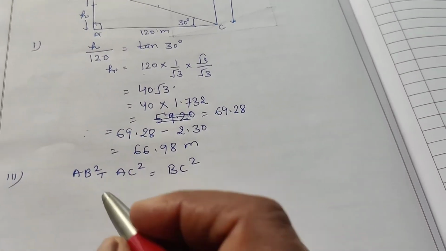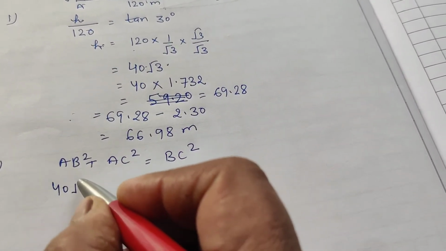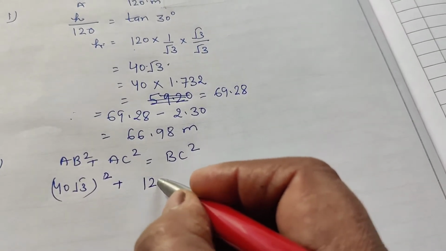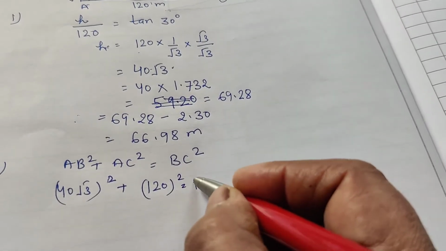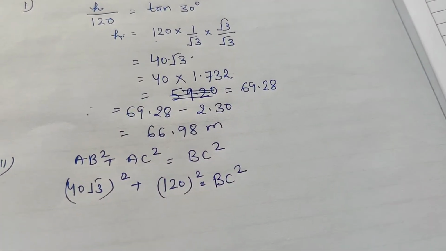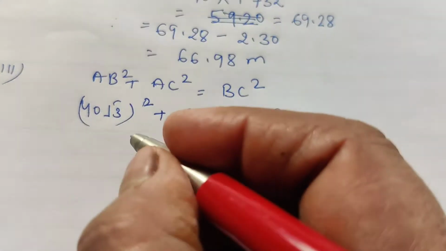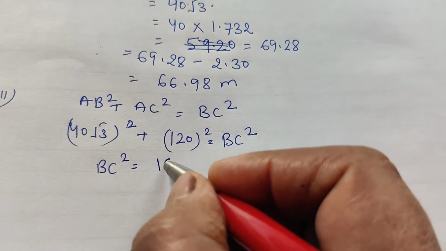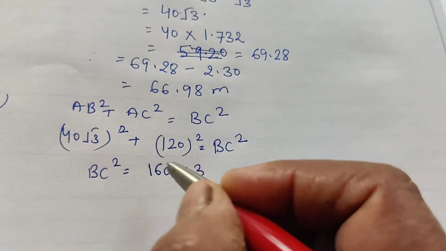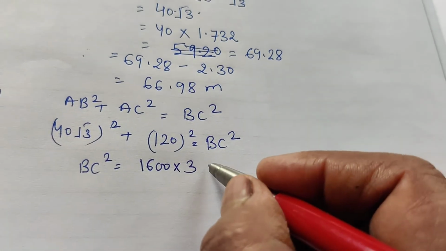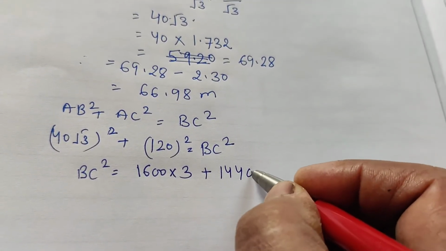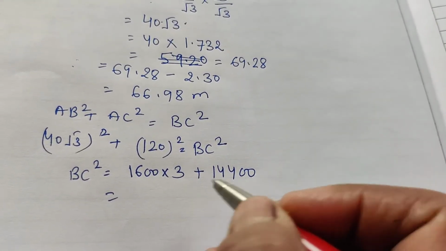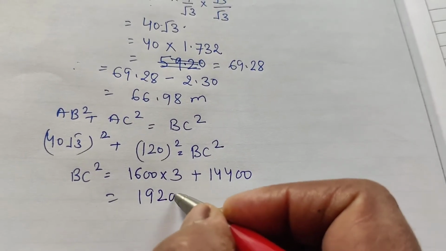AB is 40 root 3, the height of the building including Ramlal, so 40 root 3 whole square, and AC is 120, whole square, equals BC square. BC square equals 40 root 3 square, which means 1600 into 3, that is 4800, plus 14,400, which means 19200.